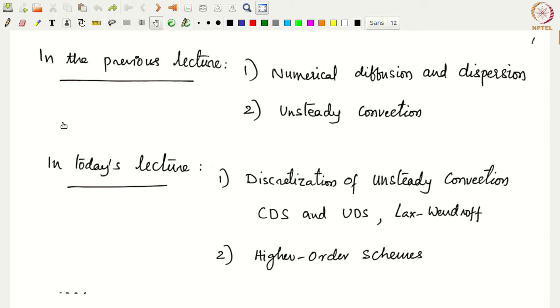So in the last lecture, we looked at numerical diffusion and dispersion and explained these properties as they are tied to the upwind difference scheme as well as to the central difference scheme, from a numerical perspective.